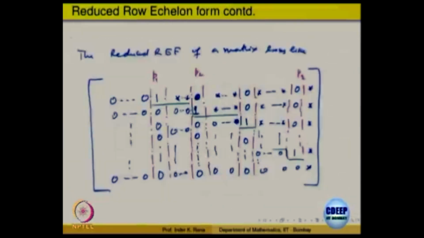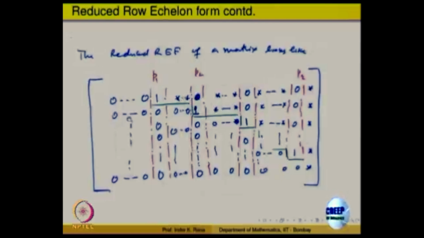So this is what the reduced row echelon form will look like. Just a picture for the general one. There may be some columns which are all 0, doesn't matter. The first row will have a non-zero entry at a place P1. The first pivot is 1 and coming at a place P1. There may be something in between, 0 or non-zero, we don't bother about that.